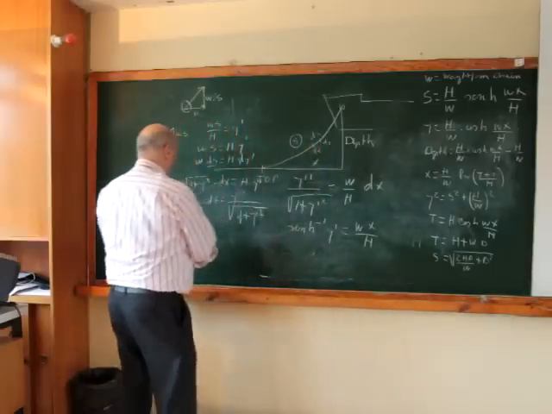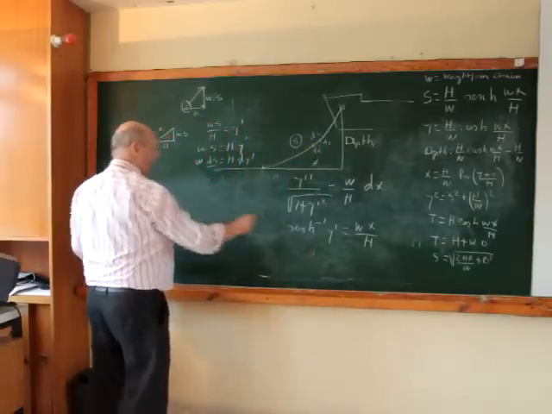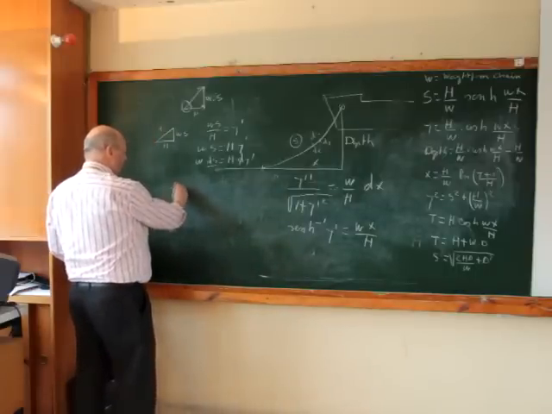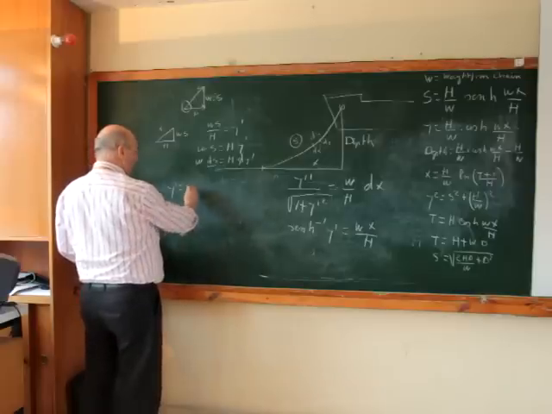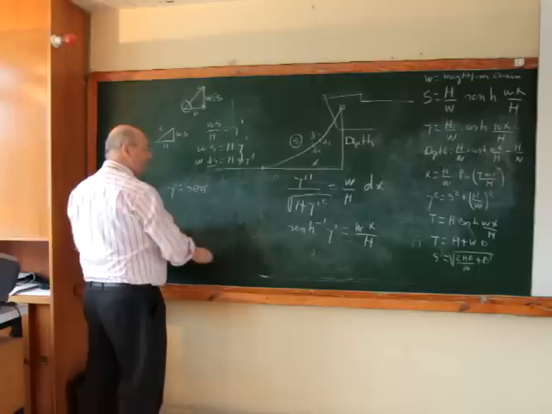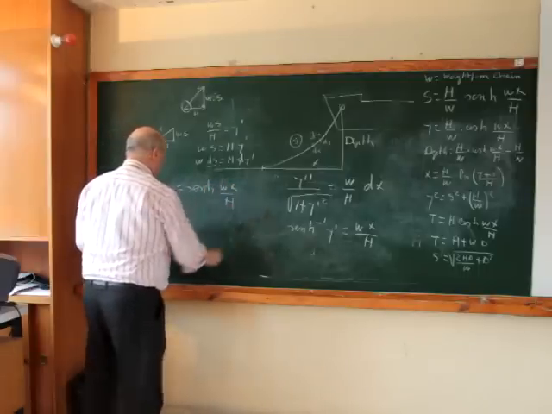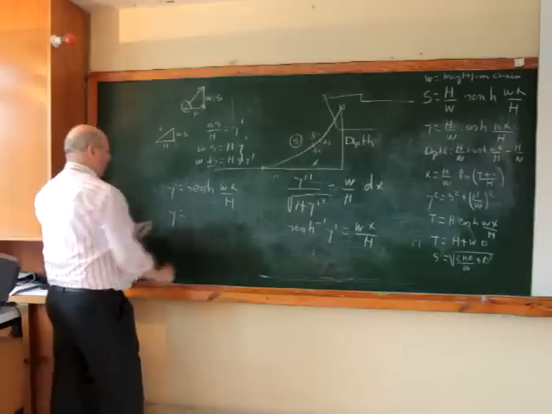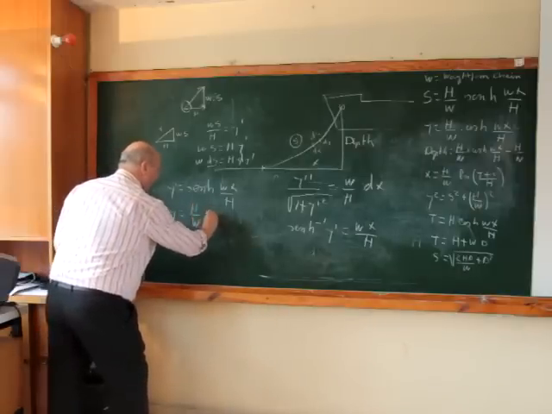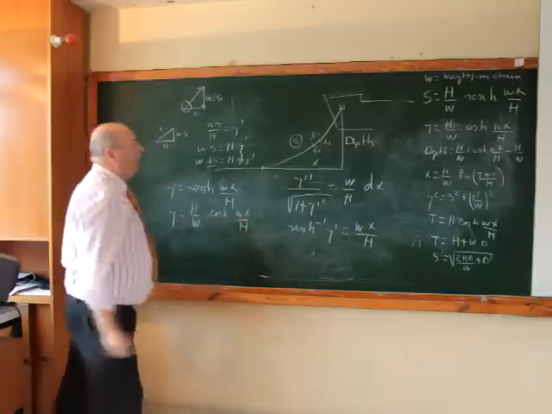So going to the other side, the first derivative will be equal to the hyperbolic sine of wx divided by h. So the function will be h divided by w by the hyperbolic cosine of wx divided by h.